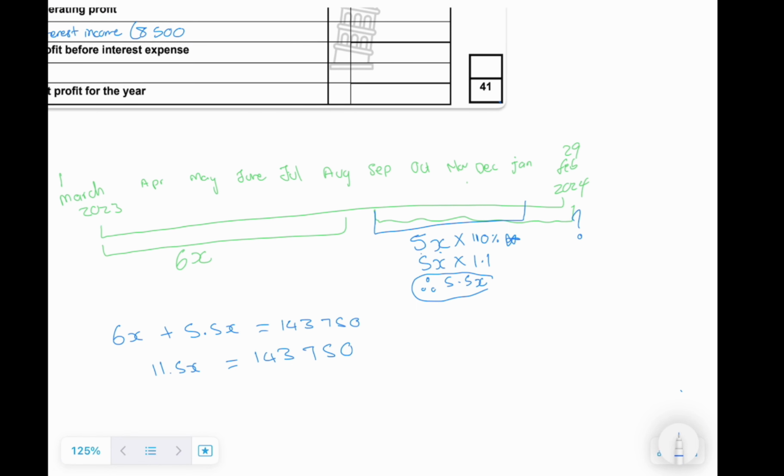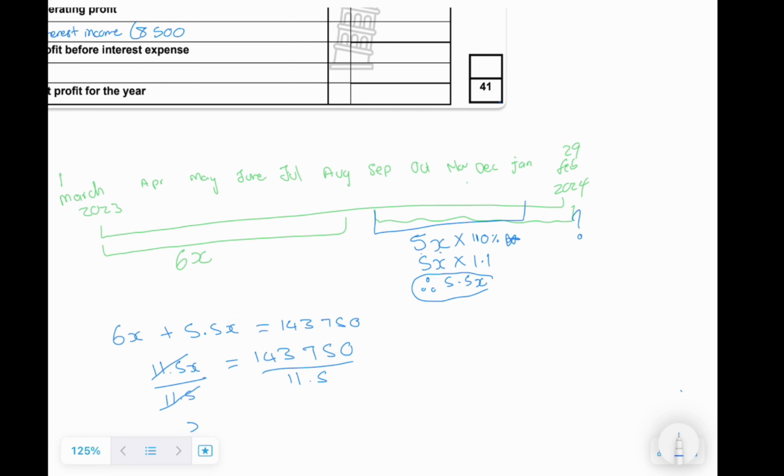143,750. Now when you have an equation like this, we are trying to solve for x, meaning we want this x to be left alone on this side. So you're just going to divide both sides by 11.5. What this does is that it cancels out the 11.5. If you want to remove this amount, you just divide it by itself.